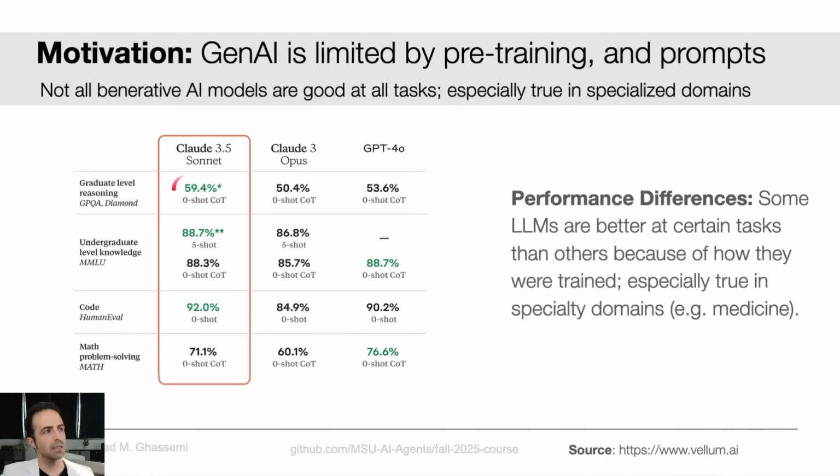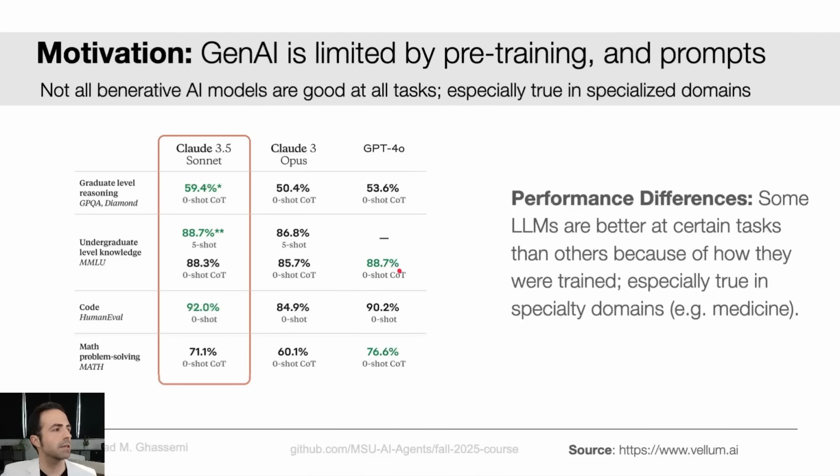And what you can see here is that the model that did best on these tasks is represented by the green that shows up. So in this case, Claude 3.5 did the best on graduate-level reasoning, about 6% better than GPT-4 at the time that this test was run.